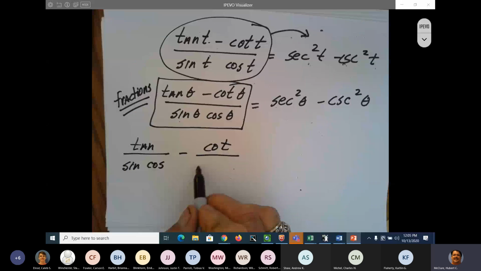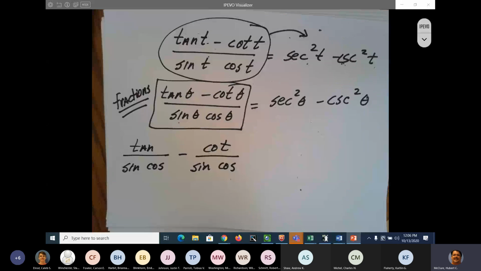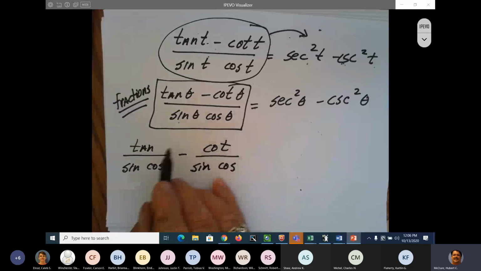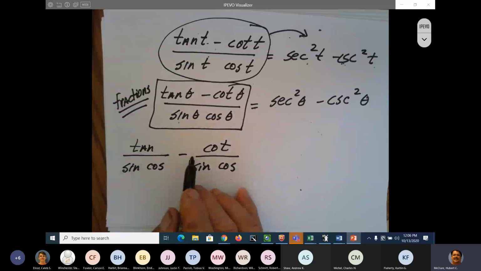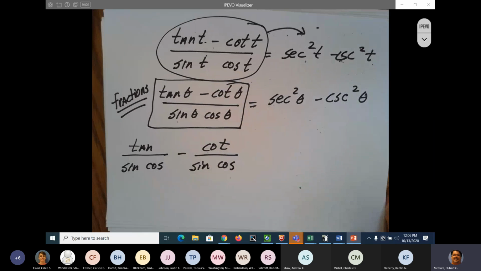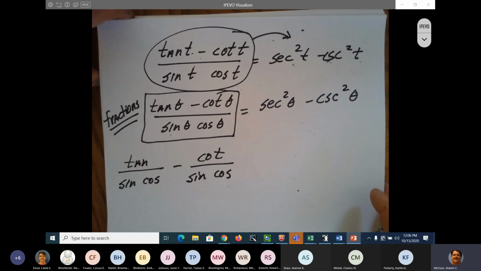And I'm sorry, when I'm working with identities, I don't write theta 5,000 times. When you're doing scratch work, you need to just focus on the identities, the fractional rules and the algebraic rules. And then when you get finished, make sure you put theta in the answer.